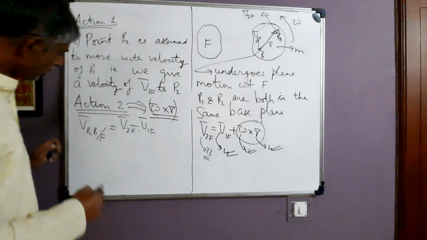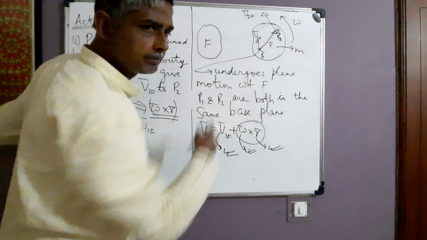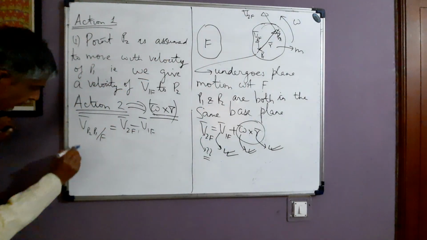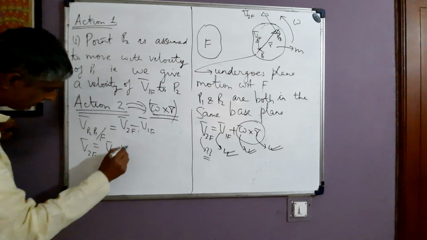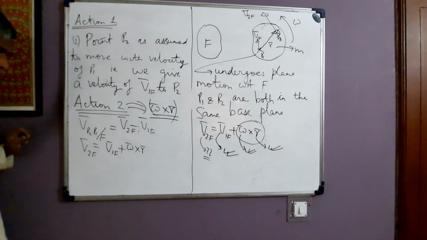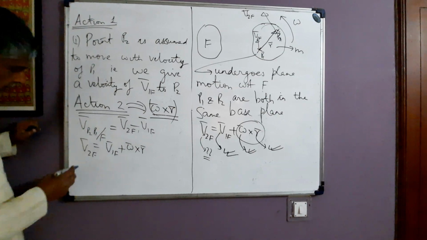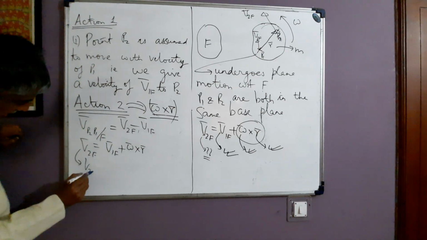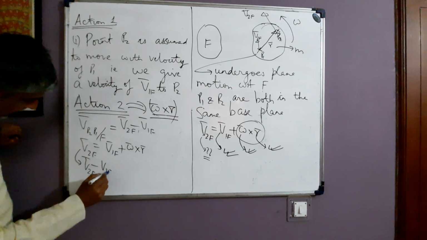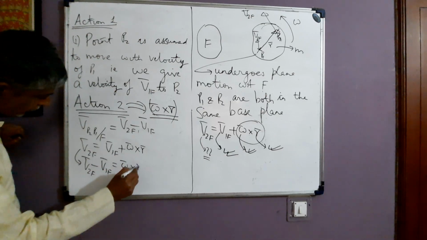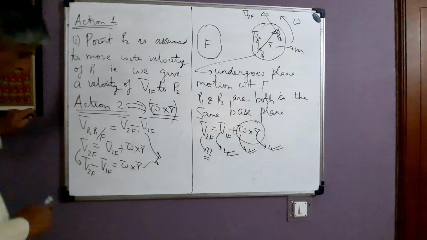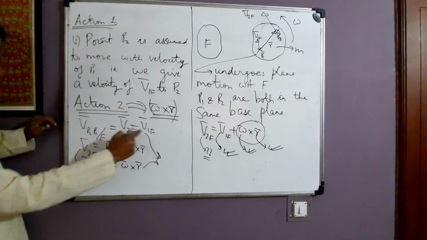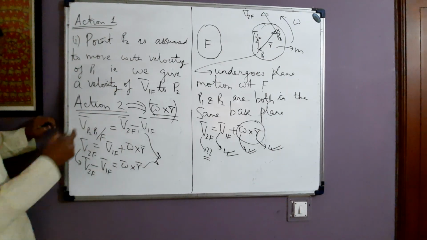When P1 and P2 are two locations of M, we also know from the velocity equation that V2F is equal to V1F plus omega cross R. So V2F minus V1F is just omega cross R, and these two should also be the same.